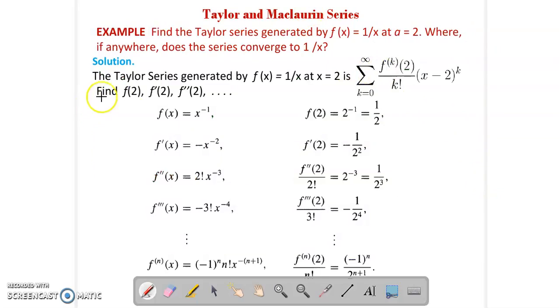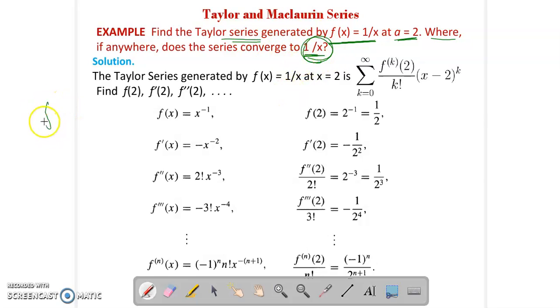Find the Taylor series generated by the function f(x) equal to 1 by x at a equal to 2, and where, if anywhere, does the series converge to 1 by x? So basically we have to see for what values of x the Taylor series which we will find out converges to this function 1 by x, right?